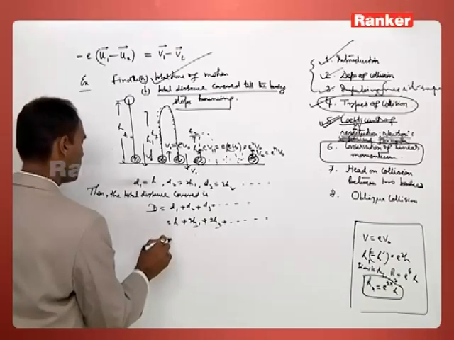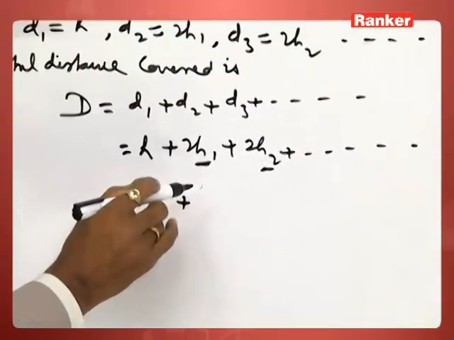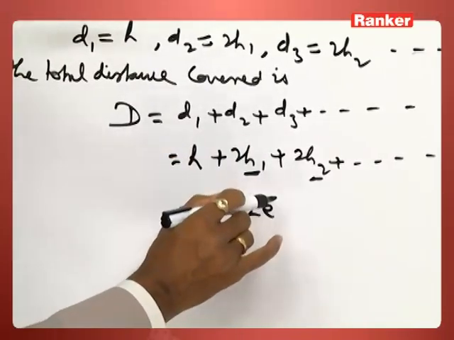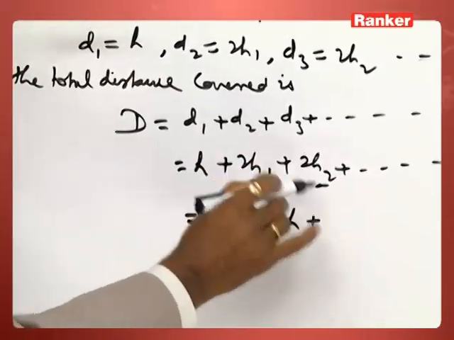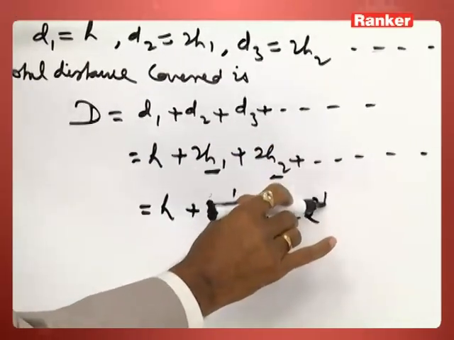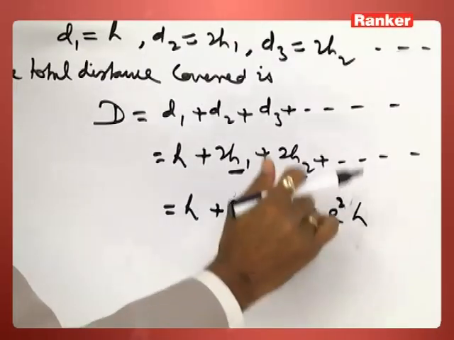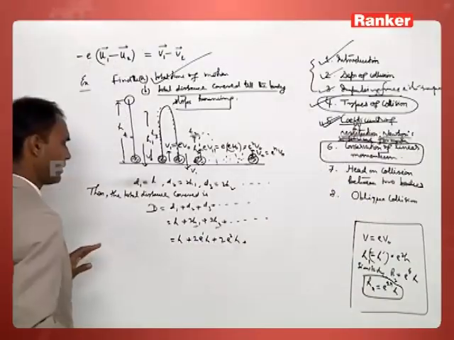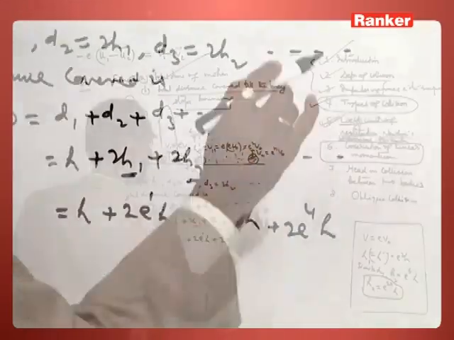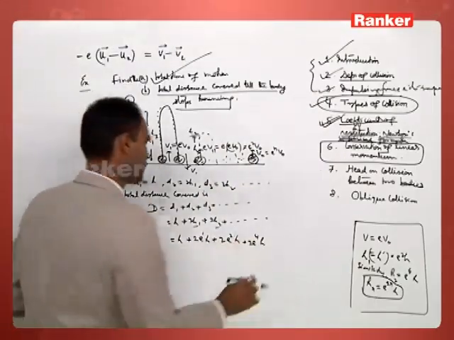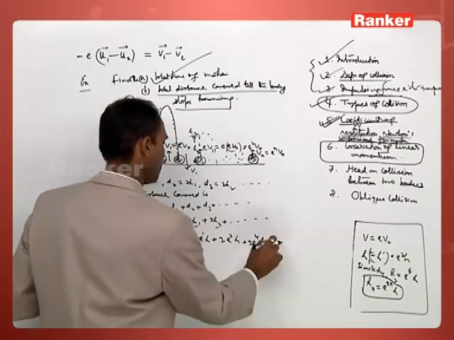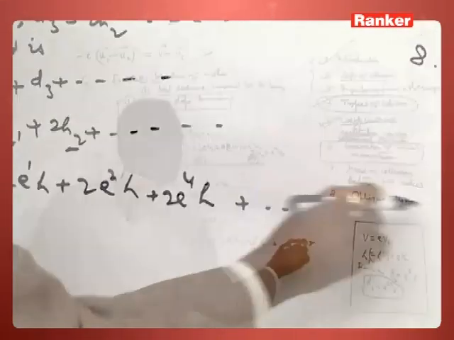In this way you can write, after the first collision, the height attained is h1 equal to e square h. After the second collision, it will attain maximum height h2 equal to e to the power 4 into h. The third collision, it attains the height h3 equal to e to the power 6 into h. And the things will proceed like this.